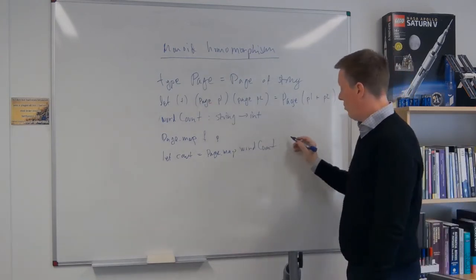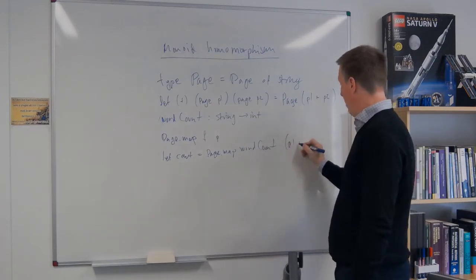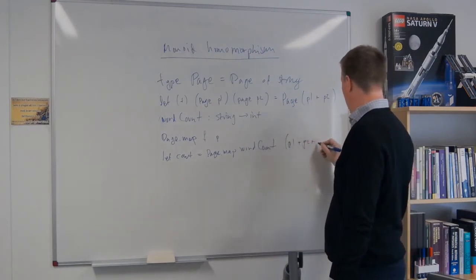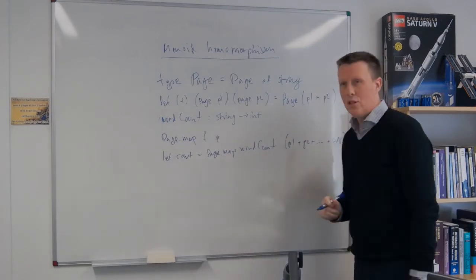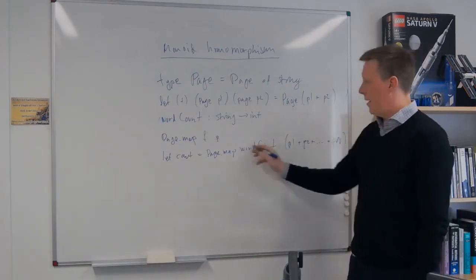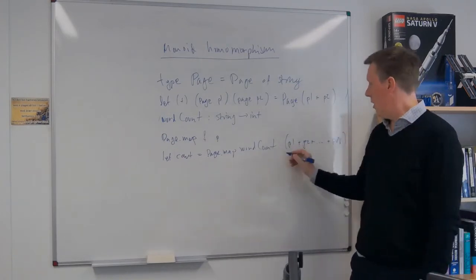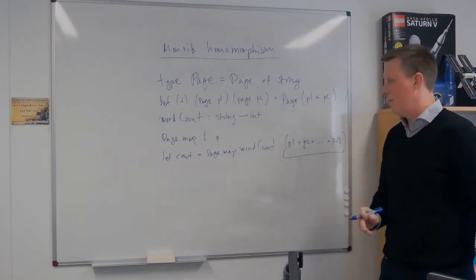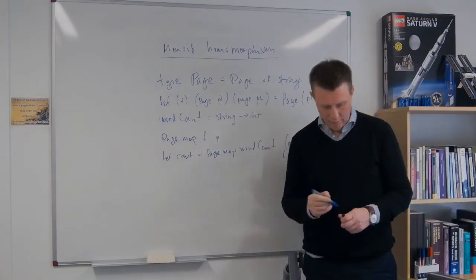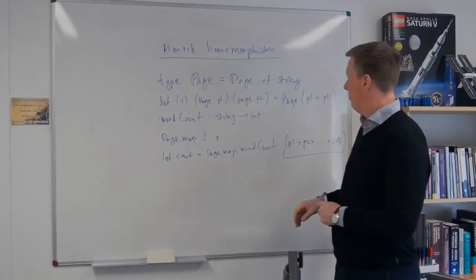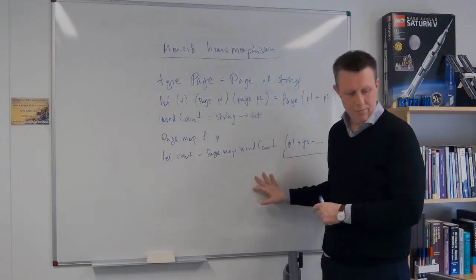So I have the plus operator. So I can just say P1 plus P2 plus and so on plus Pn. I can just add all the pages and then count the words. So here we use the monoidal properties of the page. And it's all fine. But there's another way of doing this.